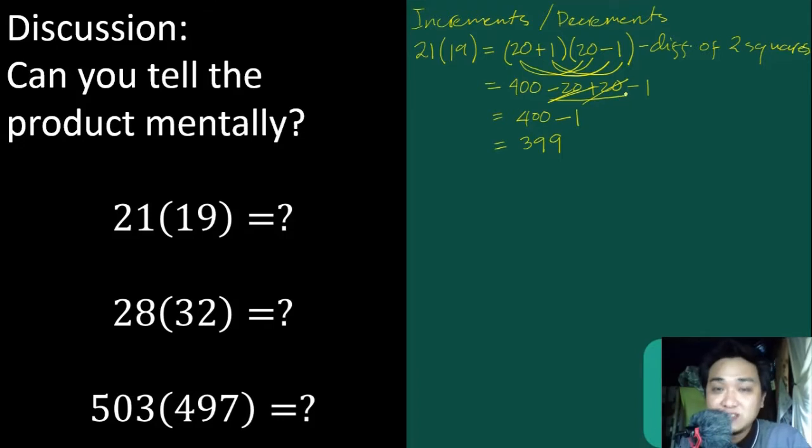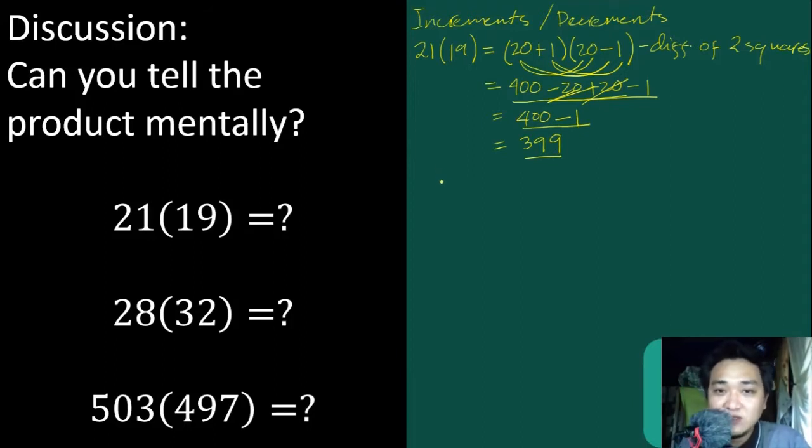Pero since nakita niyo yung pattern natin na nakakancel yung gitnang term, sa madaling salita, instead na ito buo, ang pagtutuunan na lang natin ng pansin ito. At saka yung magiging answer niya, and that is 400 minus 1.